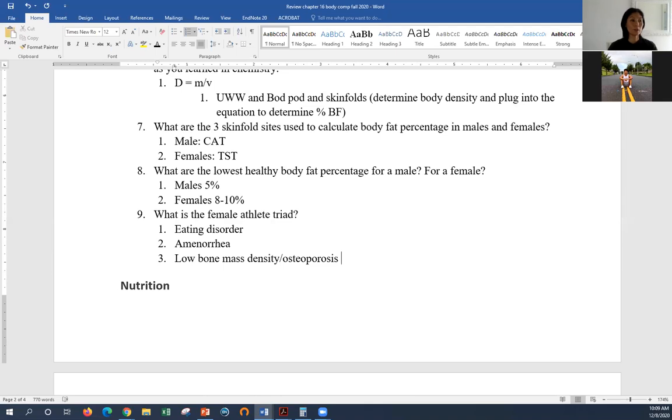Right. So if you're working with females in a sport where aesthetics is very important, such as gymnastics, diving, ballet, these athletes are typically going to be at a higher risk for the female athlete triad.